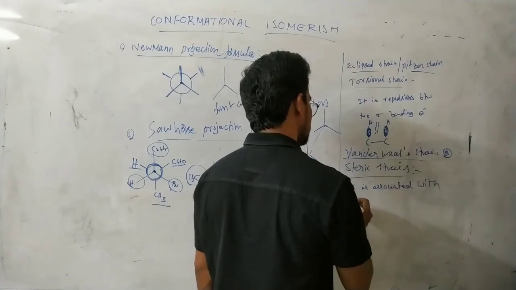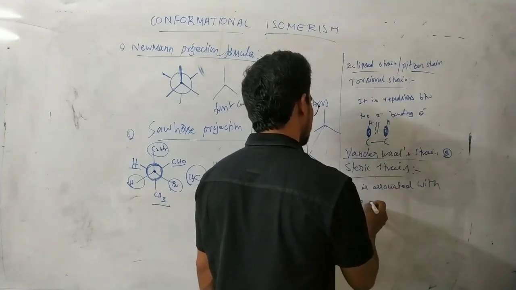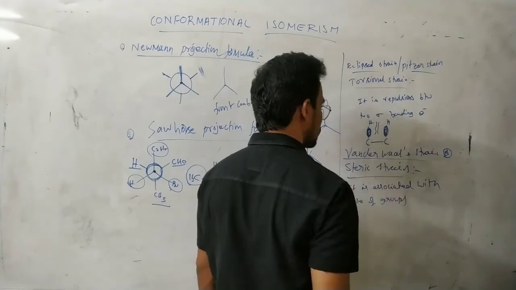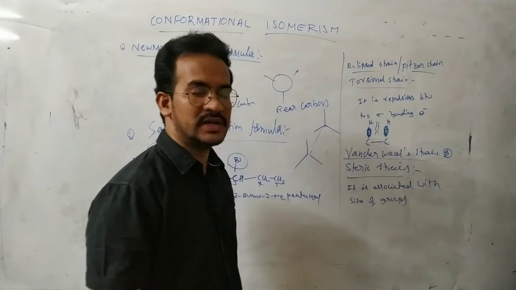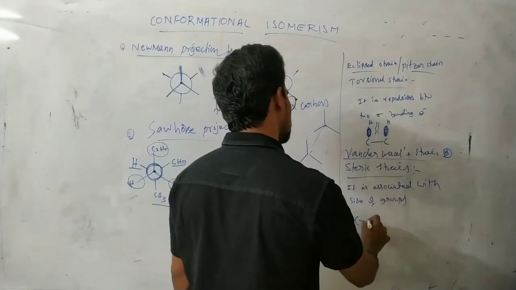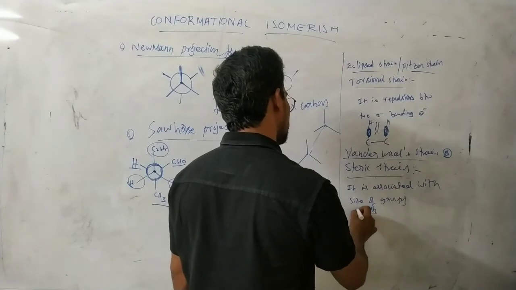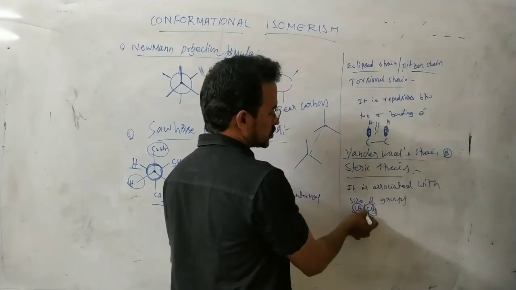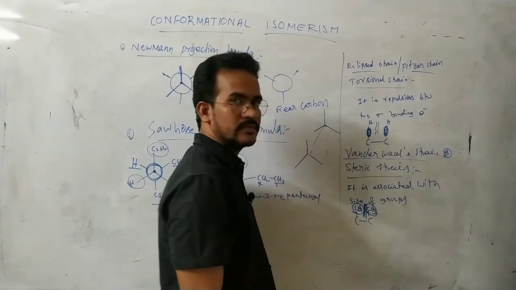It is associated with the size of the groups. That means here, see this one. This is a C here, CH3, this one CH3, bulky. So these two groups repel each other.